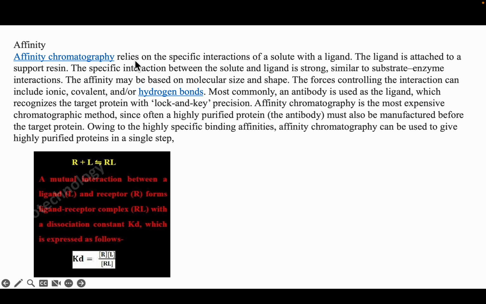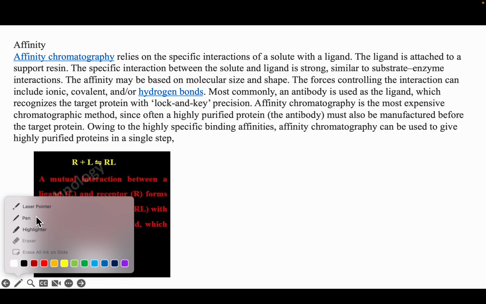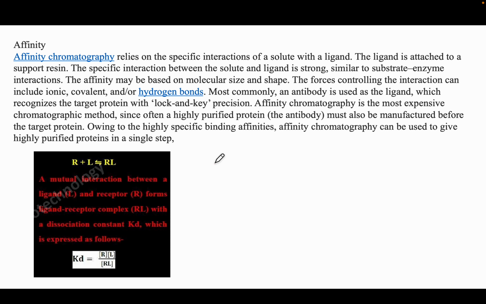Affinity chromatography relies on the specific interaction of a solute with a ligand. The ligand is attached to a support resin.